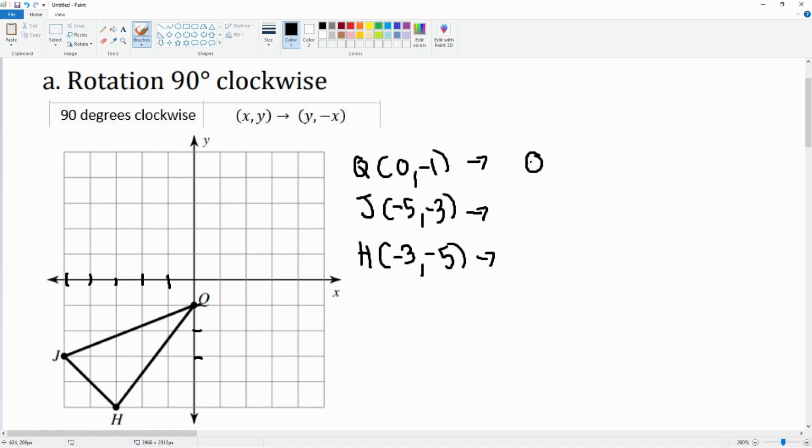So Q prime, let me make this red. Okay, it is what? All right, so it looks like the values flip-flop and the original X got changed. So it flip-flops, so -1 comma 0. And then the X is now changing sign. Okay, so I can write this in English if it helps you.